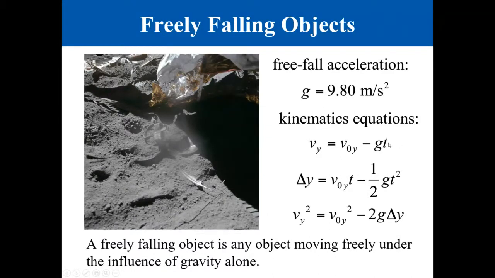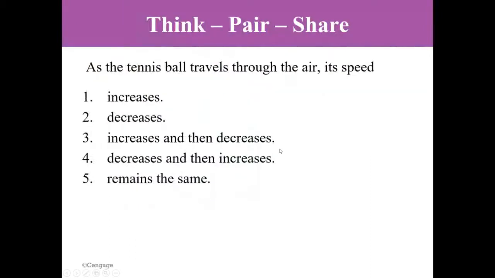So if t was 2 and the other t is 0, the difference is 2. If t is 12 and the other t is 10, the difference between them is still 2. If t is 20, the other t is 18, still the difference is 2, and so on and so forth.